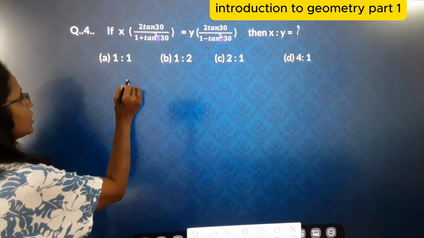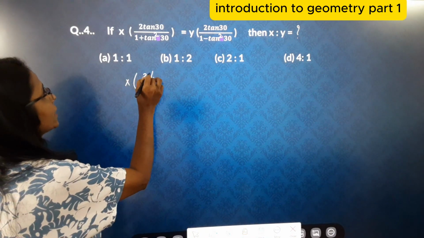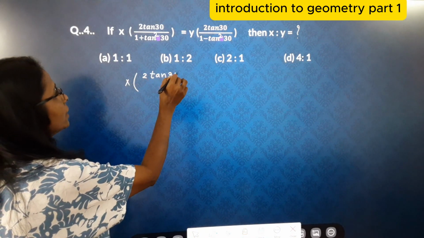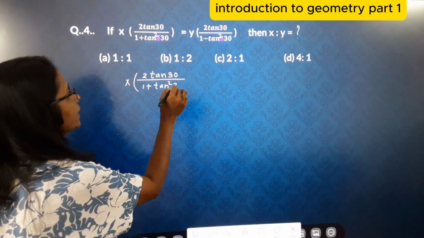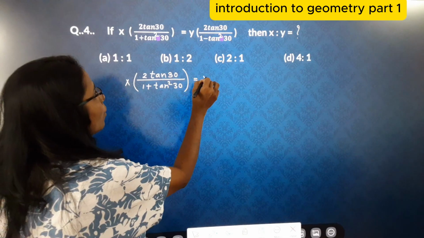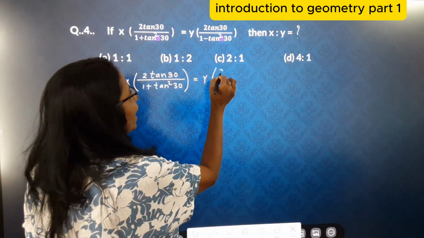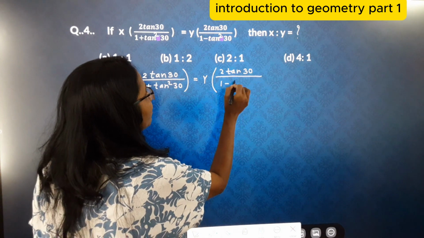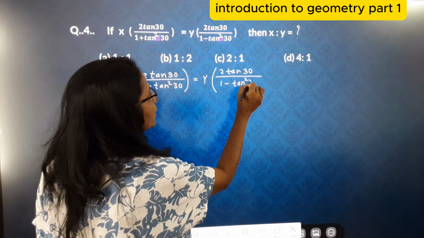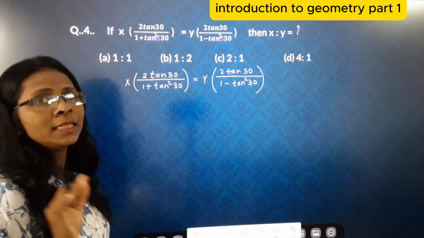First I write the equation as it is: x times 2 tan 30 upon 1 plus tan² 30 is equal to y multiplied by 2 tan 30 upon 1 minus tan² 30.